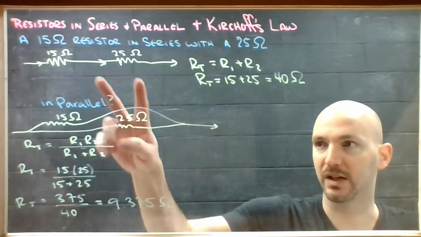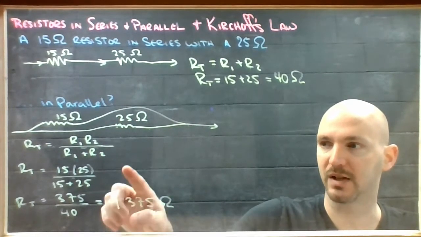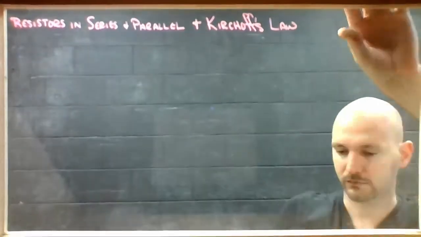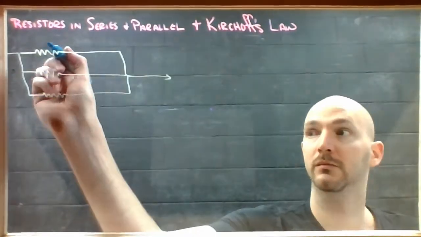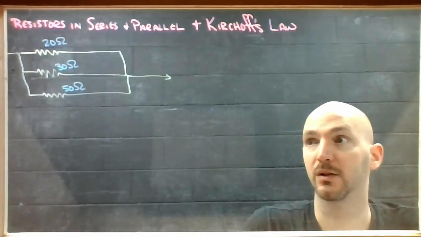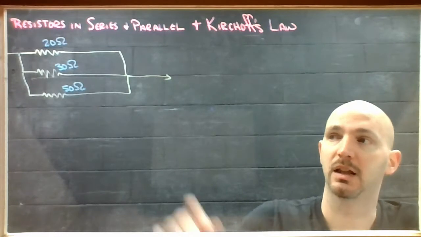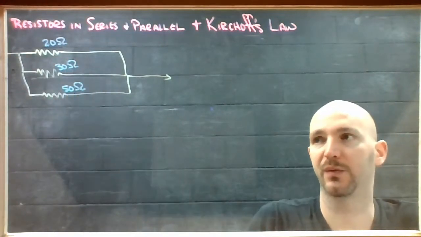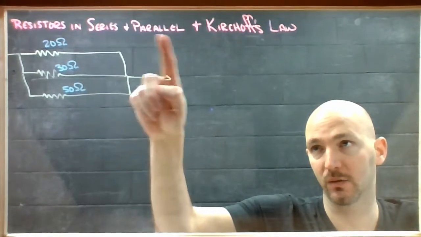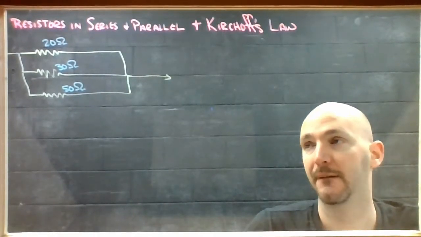Alright, so we've done these in series, we've done them in parallel. Let's try some more complicated ones. Alright, so taking a look at this one, I have a 20, I have a 30, and I have a 50. And so you have to decide whether they're wired in series or if they're wired in parallel.